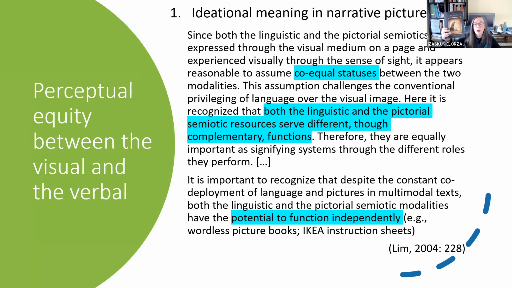This is one of them, titled The Arrival by Shaun Tan, or also Issa Watanabe's Migrants, which are two of the books that we are analyzing now in our ongoing research, and they are only relying on the visual resource.